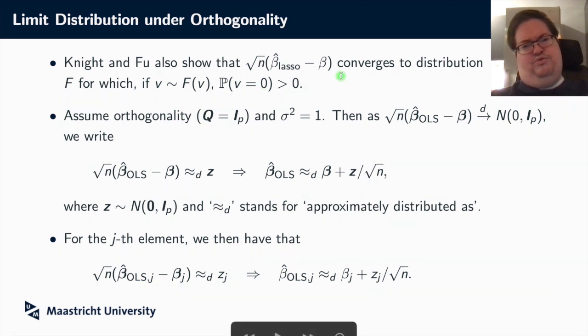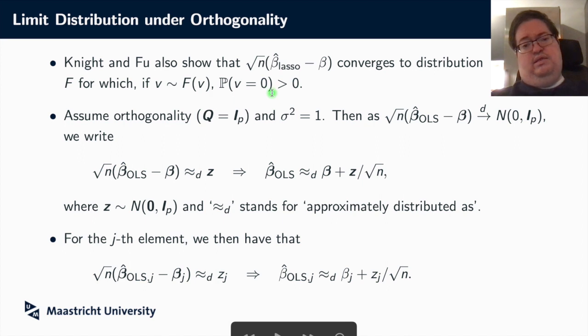Because how are we going to construct, for instance, confidence intervals if we can't use the normal distribution to base our inference on, or do hypothesis tests? This is going to be one of the major issues that we need to solve later on in the course. But already here in this simple case where p is fixed, we have problems.